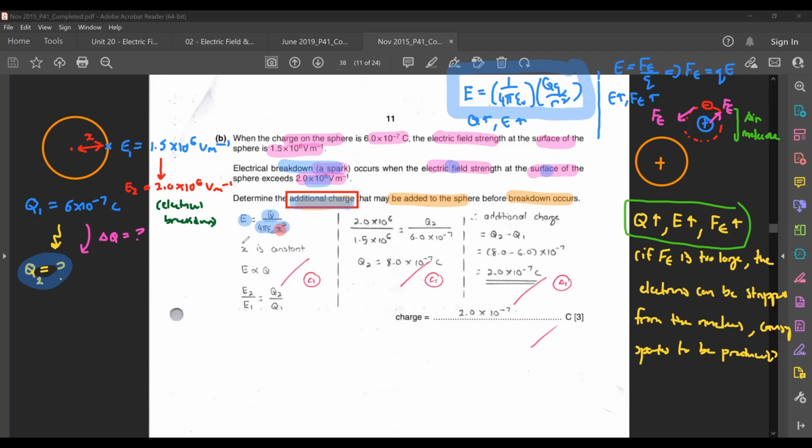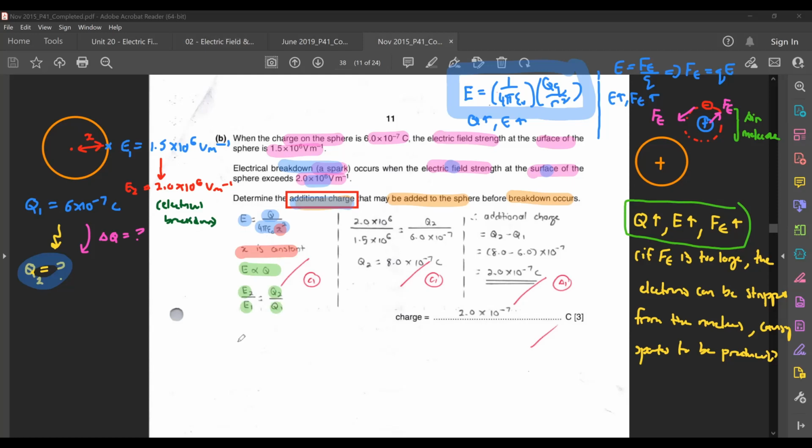All right. So under both cases, your X is considered to be constant. It never changes because you're using the same sphere, so obviously the separation between the center and the surface will be the same. So X is constant. That will mean that field strength is proportional to Q. So the ratio of E2 to E1 equals Q2 to Q1.